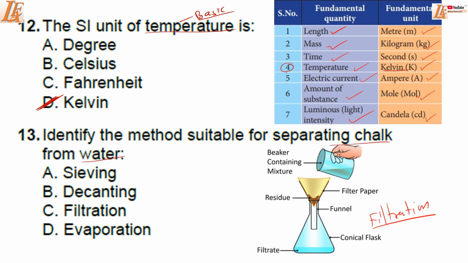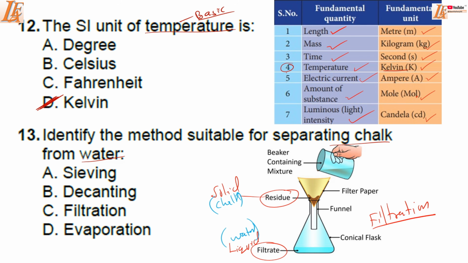And in filtration, you obtain a filtrate. A filtrate will be the liquid in the mixture. And then you will also obtain a residue, which will be a solid in the mixture. So in this case, our solid is going to be the chalk, and then the liquid is going to be water.